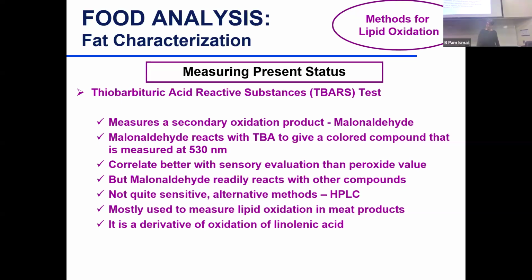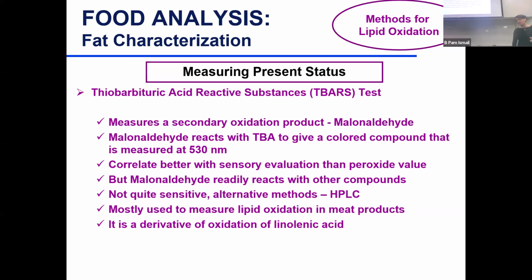TBARS is short for thiobarbituric acid reactive substances. If you're taking Advanced Food Chemistry next semester, that would be one of the labs, measuring TBARS. It is very specific for malonaldehyde, which is a secondary metabolite of linolenic acid.